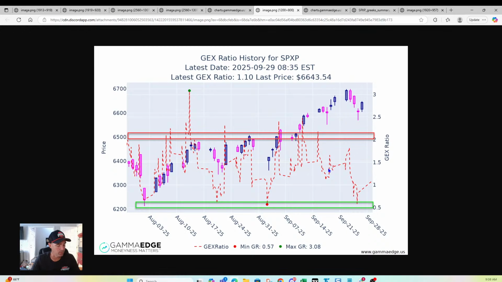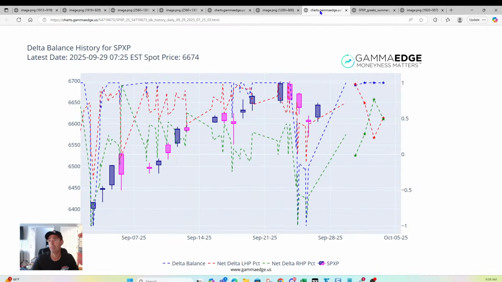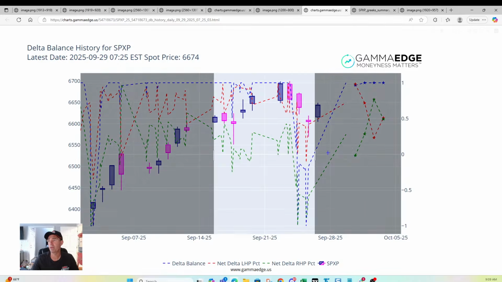And many times we see a pullback happening within the overall SPXP as the short-dated put gamma is reaching an overall extreme, and same thing to the upside, the short-dated call gamma is reaching an overall extreme. So this is a great tool here at Gamage that we use to look at the overall extremes in the market and prepare for possible turning points before they get ready to happen. All right, moving on to the SPXP delta balance.